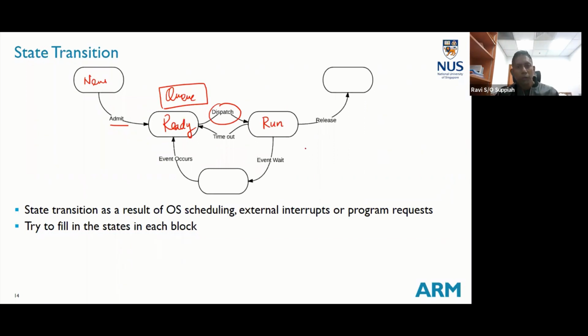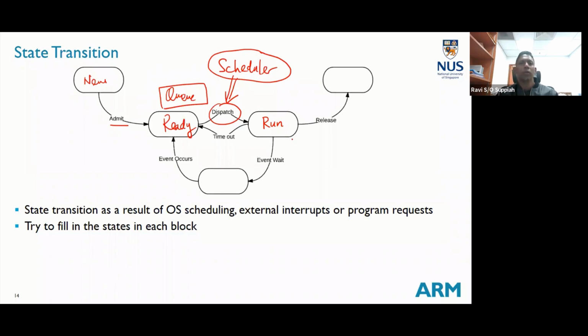The responsibility lies in this part of the OS, this manager called the scheduler. You can think of the scheduler as the overall manager who decides who gets to transition from ready to run. When I'm running, I'm using the CPU.